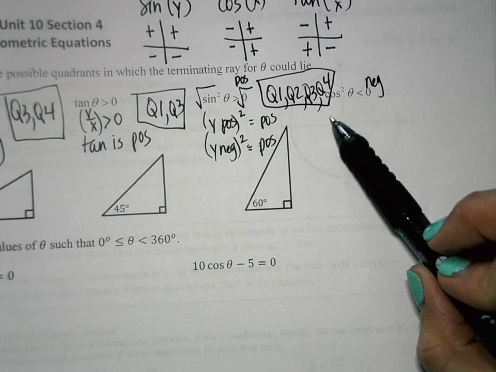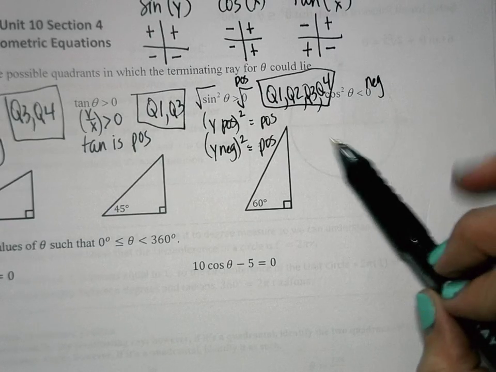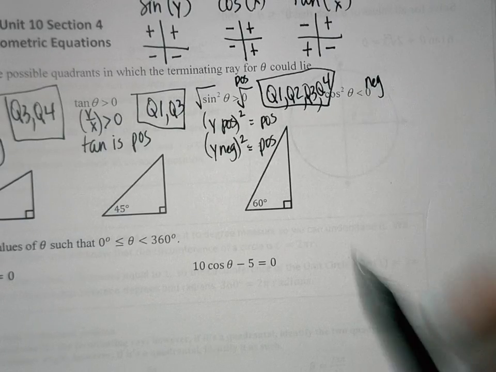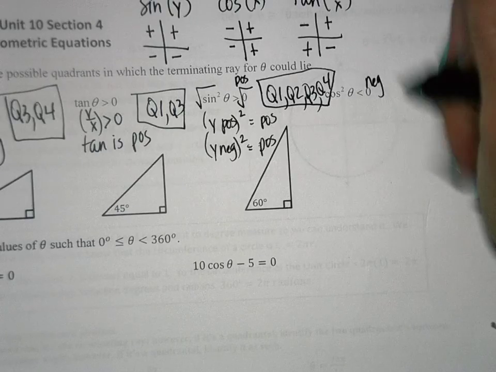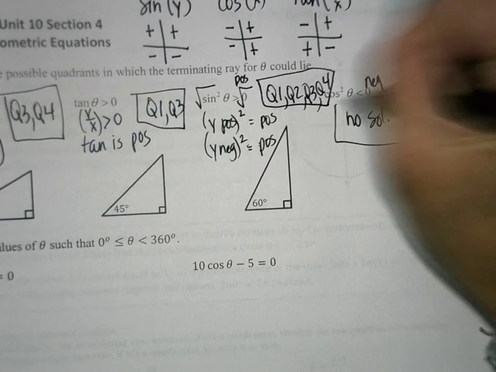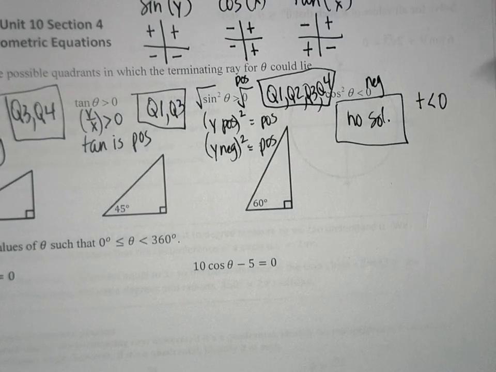If you square a positive x value, you're going to get a positive value. If you square a negative x value, you're going to get a positive. It will never equal a negative value. No way. So therefore, this answer is no solution. Because when you square that, it will never end up being a negative value. A positive is never less than 0.